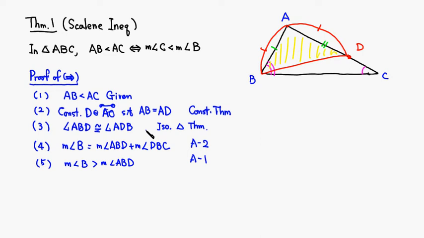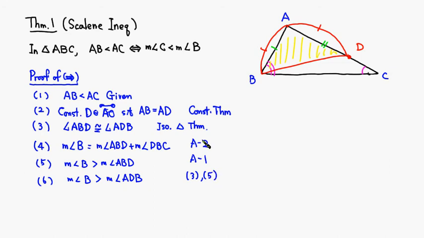Then 6: by combining 3 and 5, the measure of angle B is greater than the measure of angle ADB, since angle ABD is congruent to ADB.